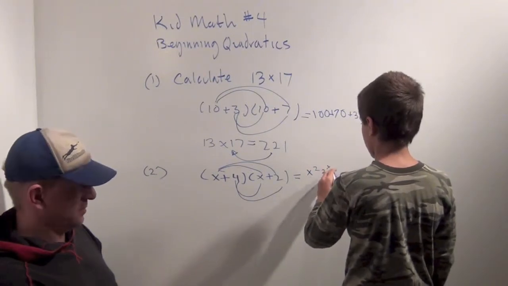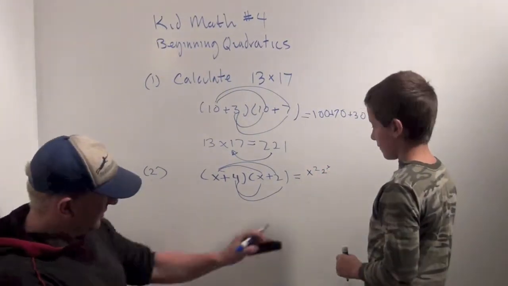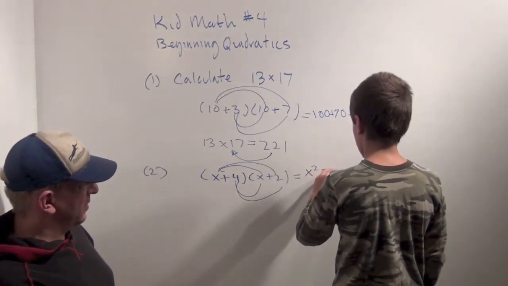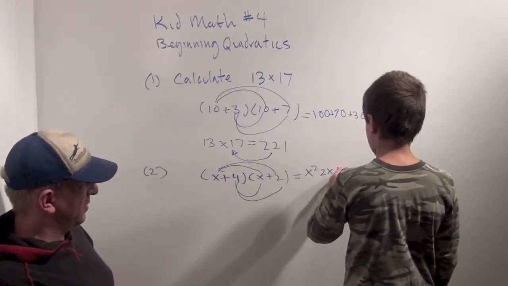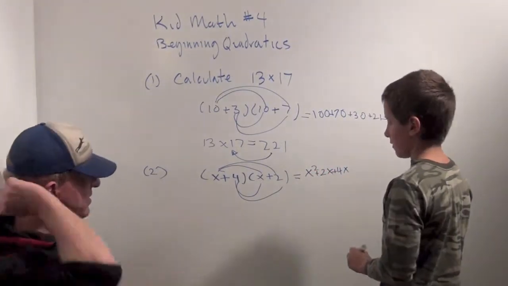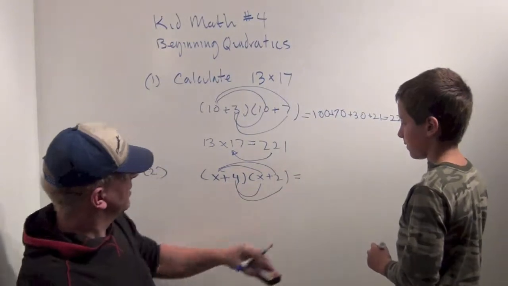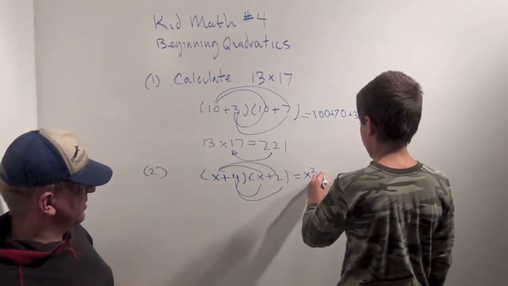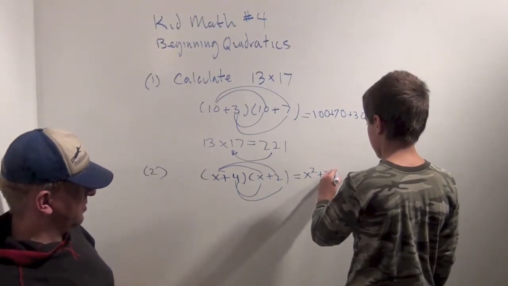2x. Please write a little bit more carefully. x squared, 2x, 4x. You need to remember your pluses and minuses. So let's start from the beginning. x squared, x times x, plus 2x.